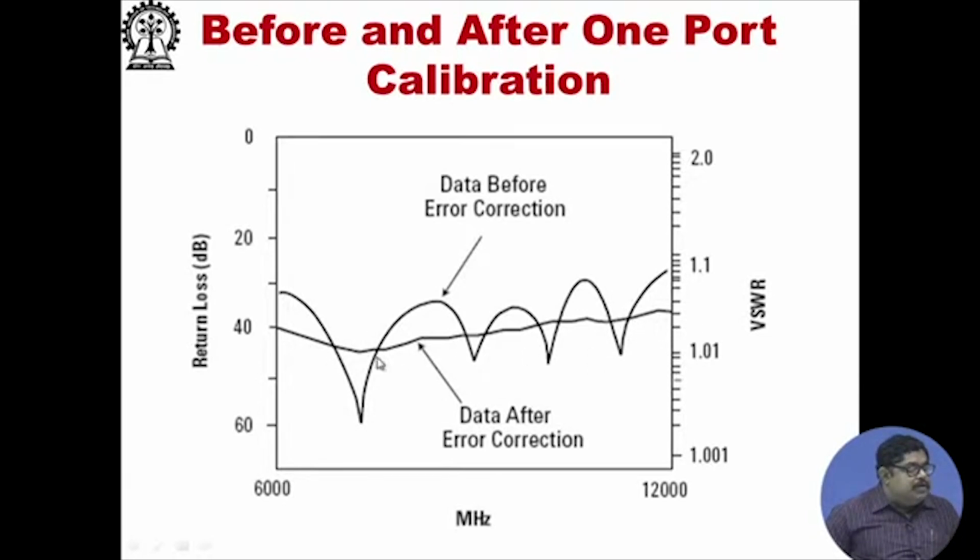This is an erroneous frequency response. You see the return loss with frequency: ideally there should not be any bump, there should be a clean frequency response, but typically you get it like this, and with error correction the whole thing becomes this.